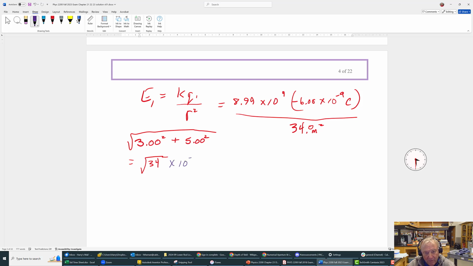So 10 to the minus 12 meters squared. Oh, minus 2, not 10 to the minus 6.